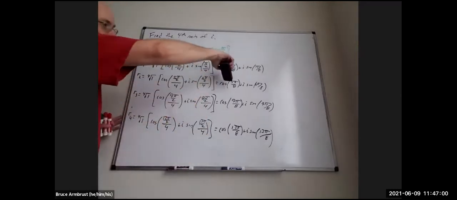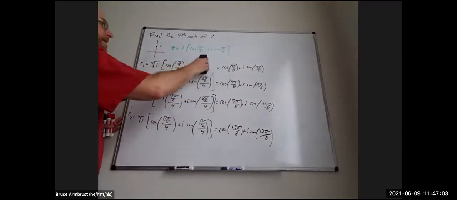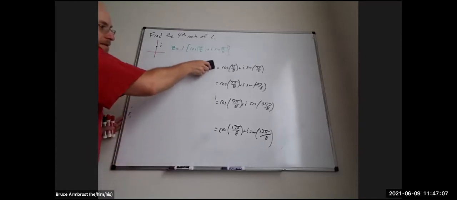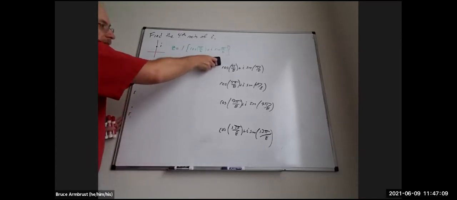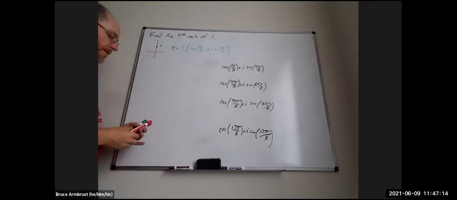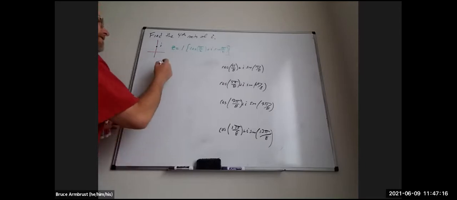Take a look at this. Look at where these things are on the complex plane. Okay, so we got those 4 roots. Let's look on the complex plane where they are.